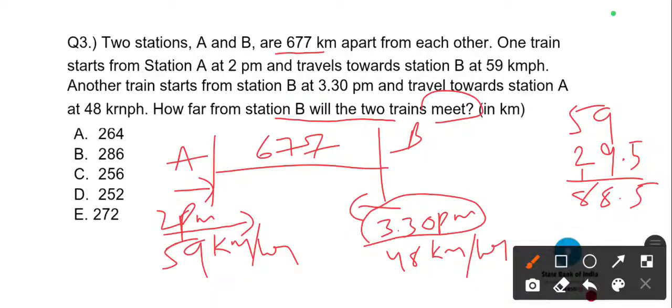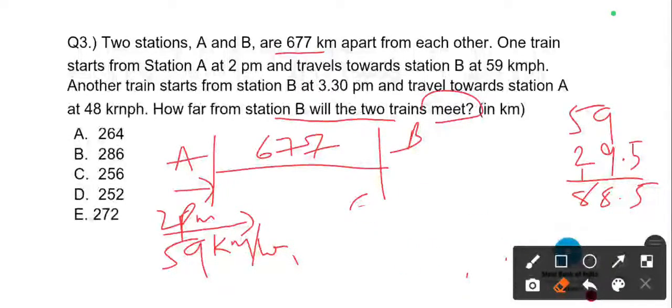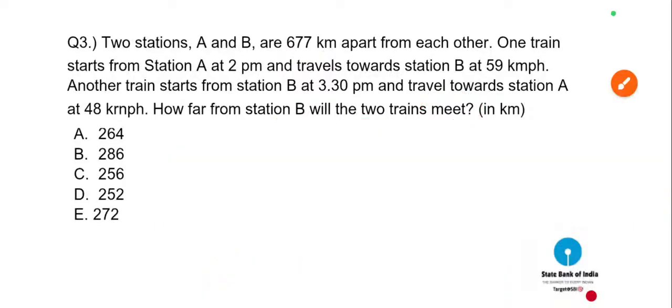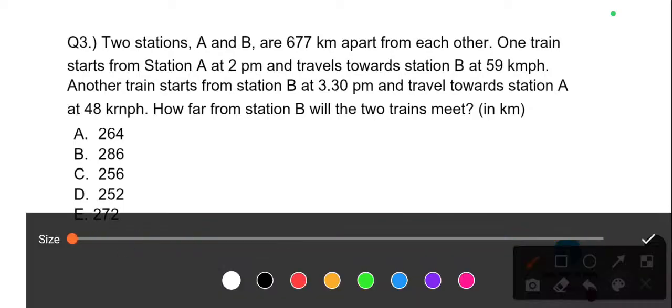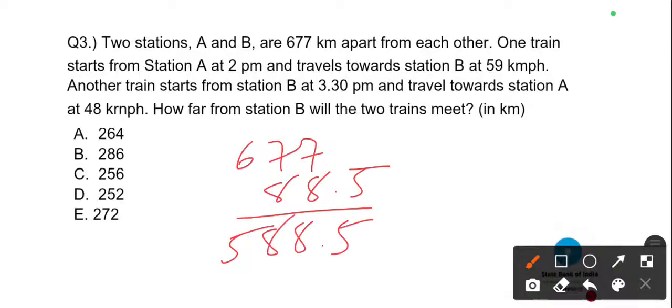So 677 minus 88.5. So what we get is 588.5 kilometers is the distance between the two trains.